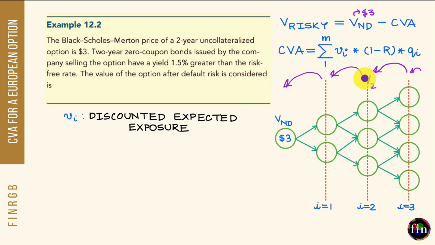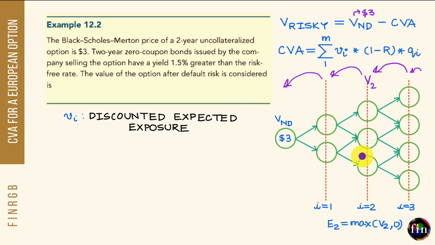Now, based on this future value of my option as of this second time slice, I can define the exposure for this time slice. E2, which is my exposure for this time slice, is max of V2, the value of my option as of this time, comma 0. It's telling me that only when the value of my position, the value of my option in this case, is greater than 0, is positive, will I have an exposure to my counterparty.